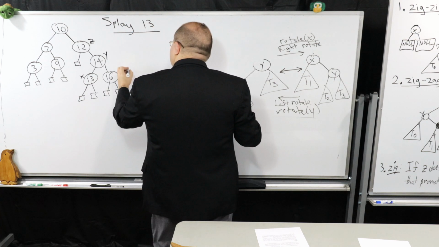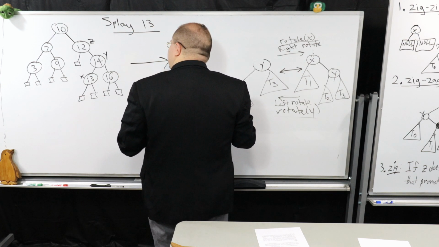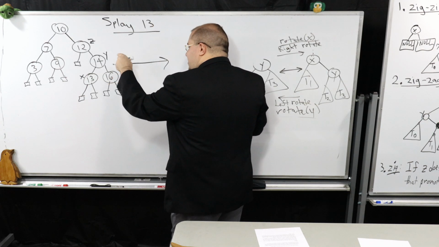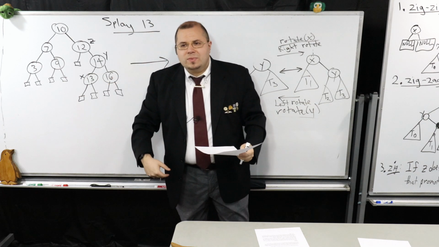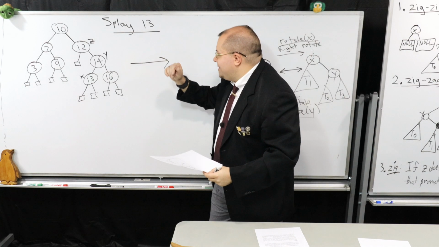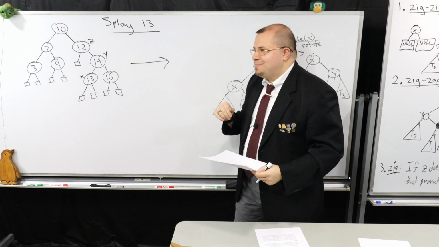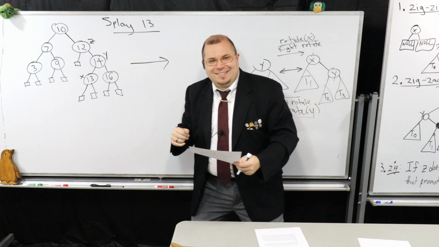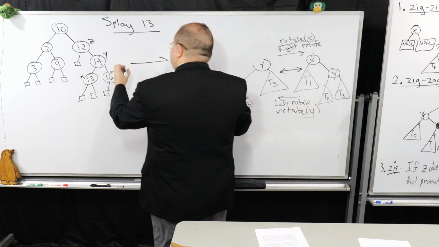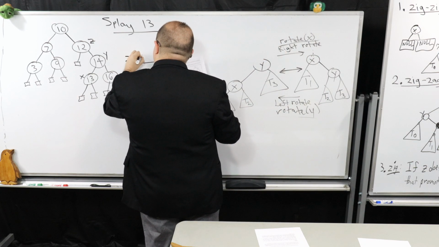So the question is, what do we do to get 13 to move up this tree? Does anybody know what case I should be applying here? Notice I labeled x, y, and z for you to make this a little easier to see. Am I zigzagging or am I zigzagging? Yes, I'm zigzagging.